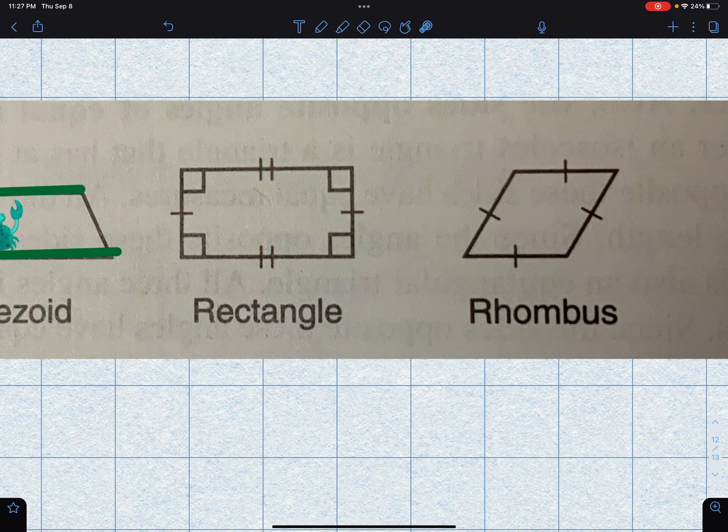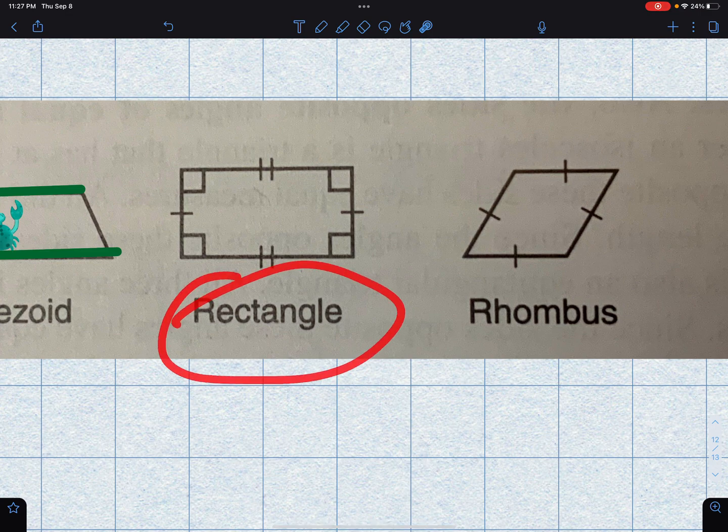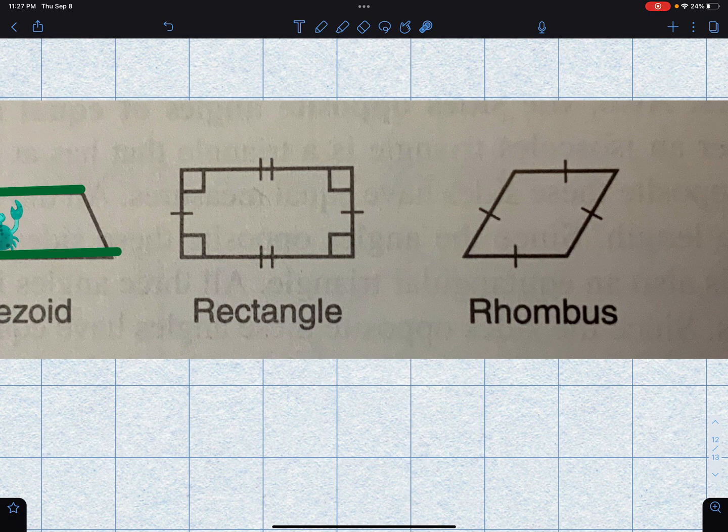So if it has the 4 angles, but its sides are not the same, it doesn't quite qualify as a square. I'm sorry, rectangle, you're not quite as good as a square because a square is a little bit more perfect. A square has the angles the same and the sides the same. And rectangle, you're just going to have to get second place because you only have the angles the same, not the sides. Whoopsie.